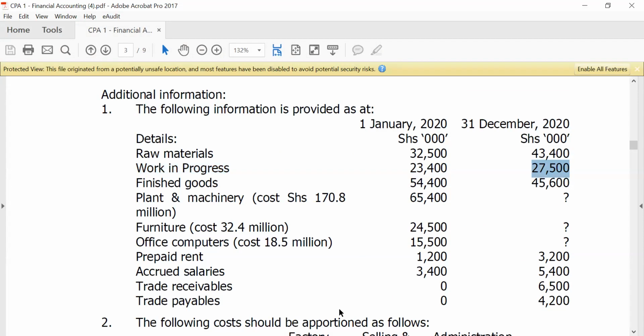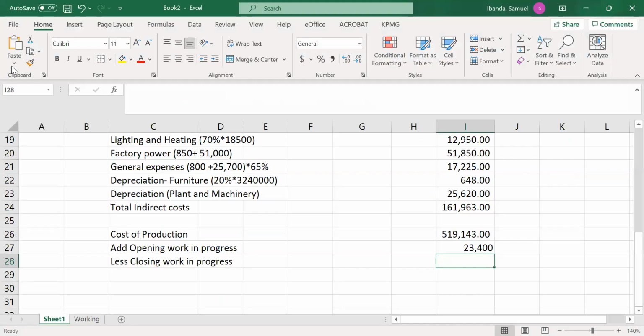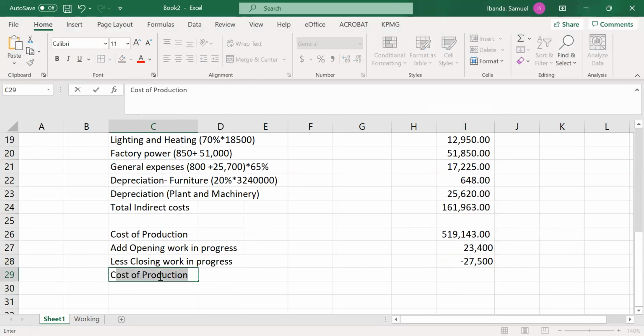This is also part of the cost statement. After you've gotten the cost of production, you are supposed to make this adjustment. So we are lessing this one. Now the net that you get after lessing and adding, you get your final value, which is the adjusted cost of production or cost of goods produced.